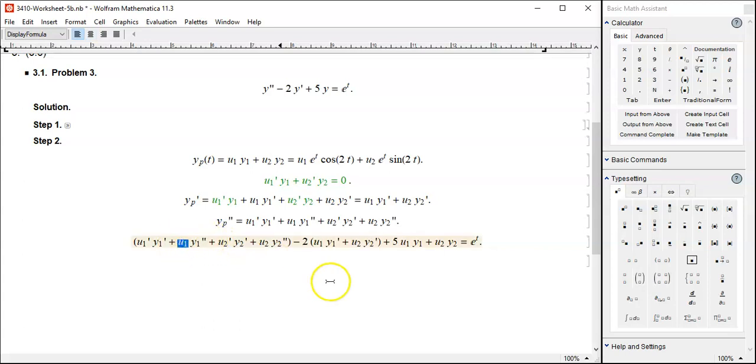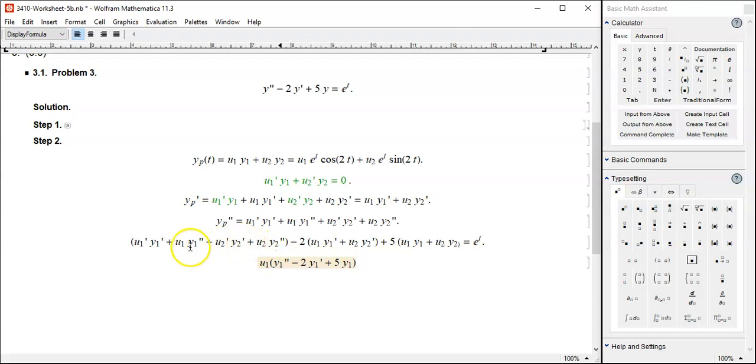Get these u1s here, and then you get y1'' minus 2y1', oh excuse me, I forgot parentheses here, and then plus 5y1.